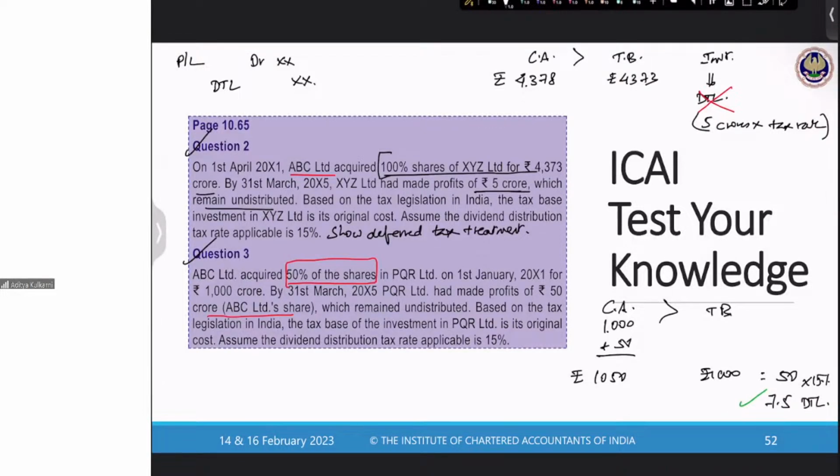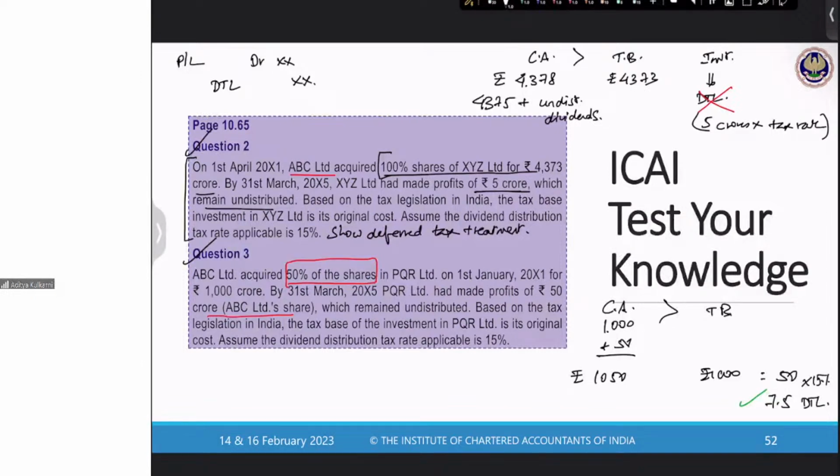Now let us understand. First case. Carrying amount of the investment is 4,378, which is basically 4,375 plus undistributed dividends.